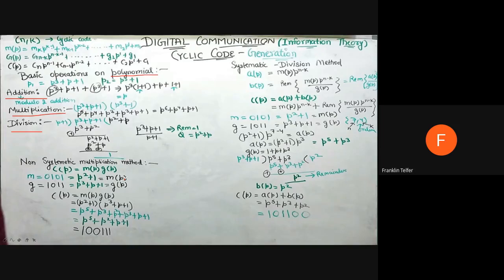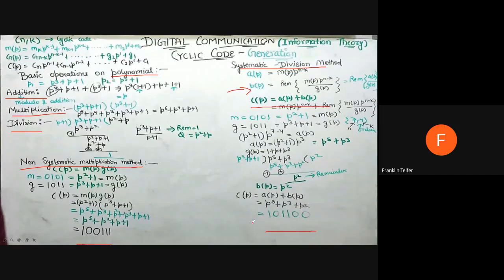We have taken an example of the non-systematic multiplicative method, and multiplied to find the code word. And in the systematic division method, the syndrome is the remainder of M of P by G of P, and we added it to find the code word, the code polynomial.